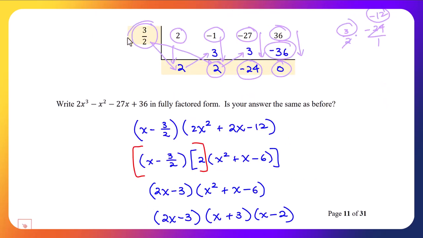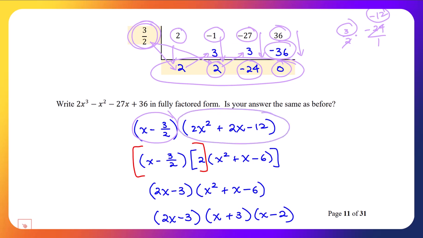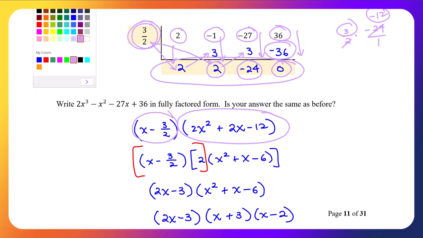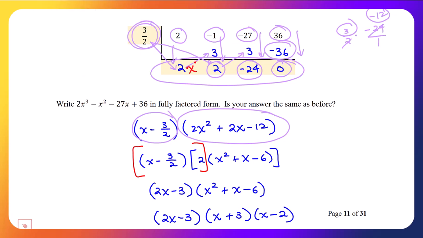So, our x minus 3 halves is here, and our quotient is x squared, because the original was x cubed. I have 2x squared plus 2x minus 24, and the 0 must be the remainder.